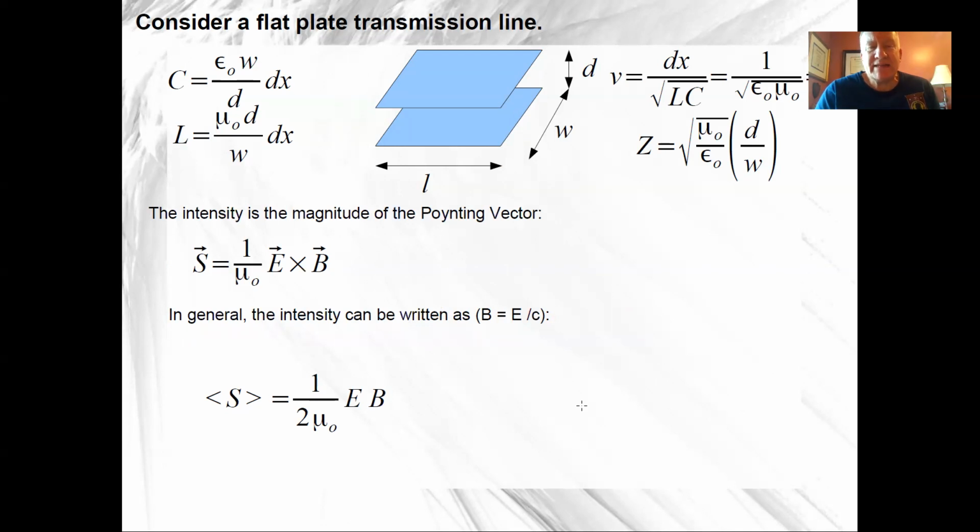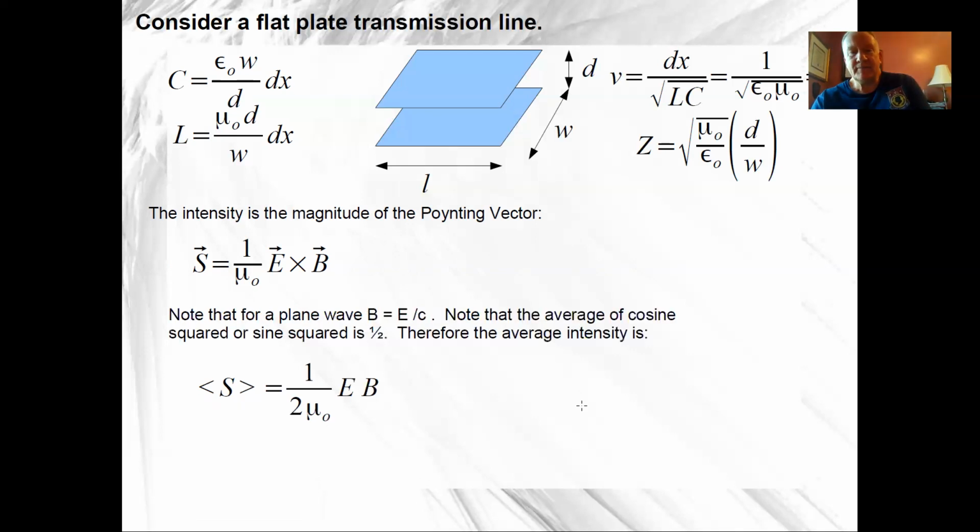So in general, the intensity can be written in general, B is equal to E over C. So the magnitude of the magnetic field is equal to E divided by the speed of light.